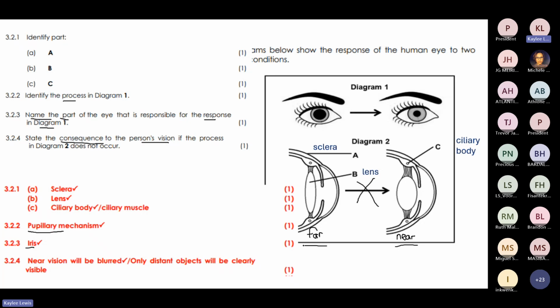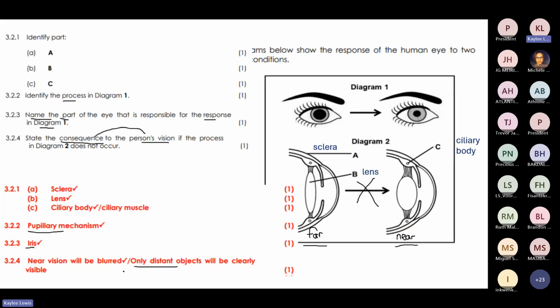So there are two ways you could have answered this. But remember, you need to answer the question, the consequence to the person's vision. So you either say that near vision will be blurred because this process can't happen, or you can say distant objects or far objects will be clearly visible. Only distant objects will be clearly visible.